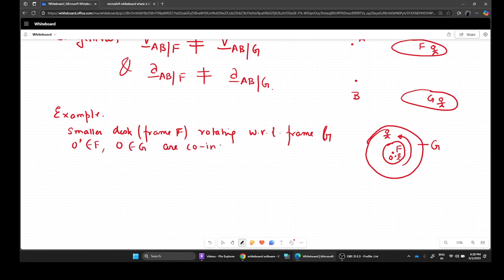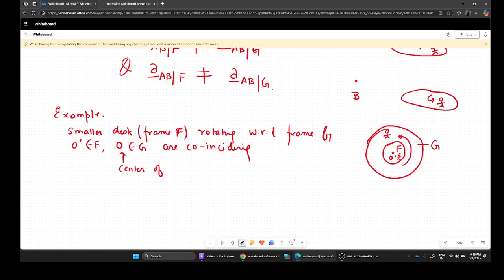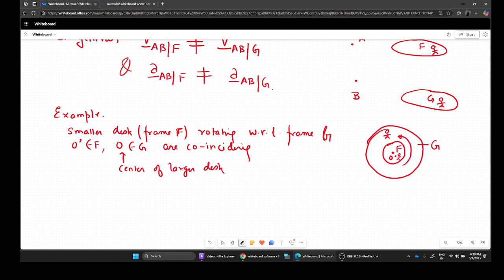Let's assume that for simplicity. This is the center of the larger disk. This is the center of the smaller disk. And we are having a sort of a top view of the two disks, right?